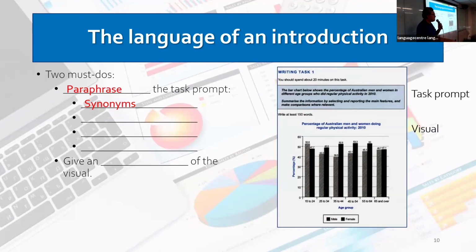Actually, it depends on what you are told to do. But using synonyms is just one of the strategies. You can use other sentence structures.